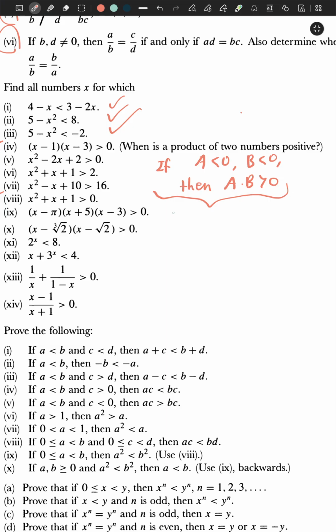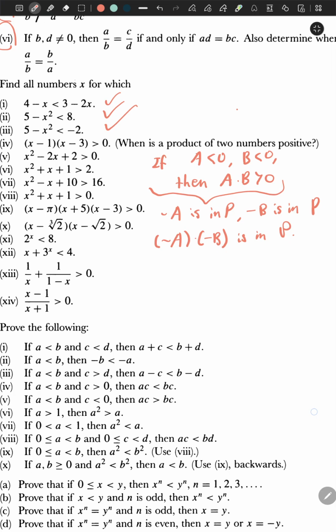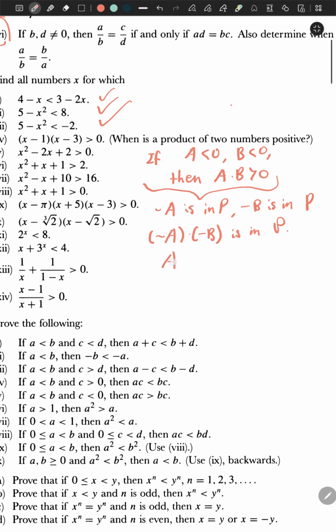Since a is less than 0, that means −a is in P. Also −b is in P. And therefore, we know that (−a) times (−b) is in P. That means that a times b is in P, right?